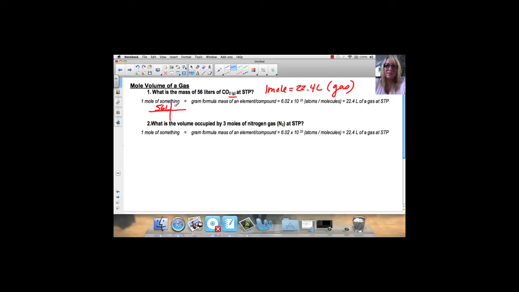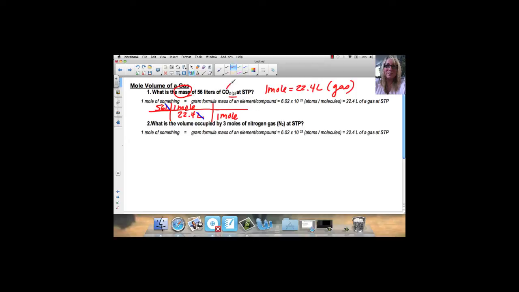You know that 1 mole is equal to 22.4 liters. And this works out that you want liters on the bottom so that it cancels. I'm not to my answer yet because I'm not looking for moles. I'm looking for grams. I want mass. I know that 1 mole is equal to the GFM.